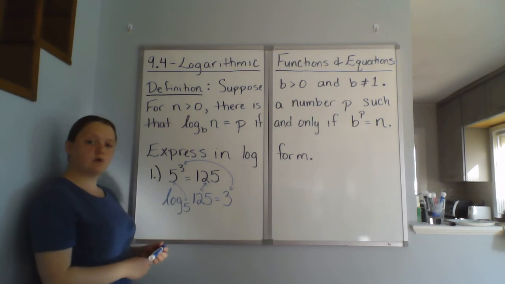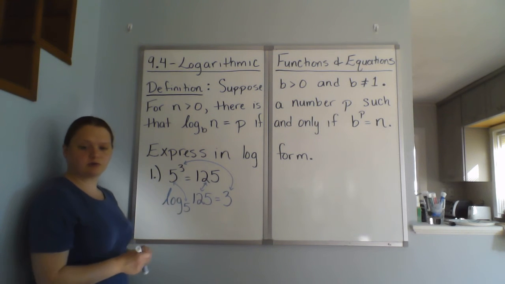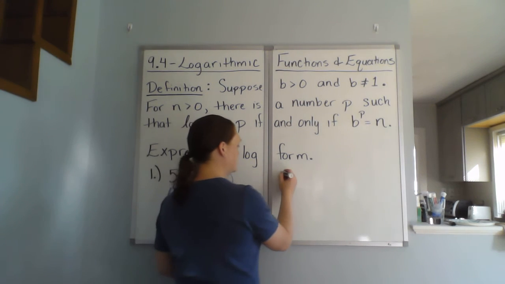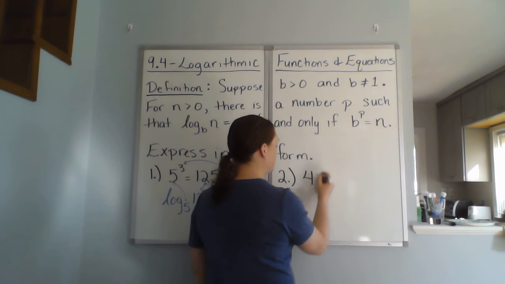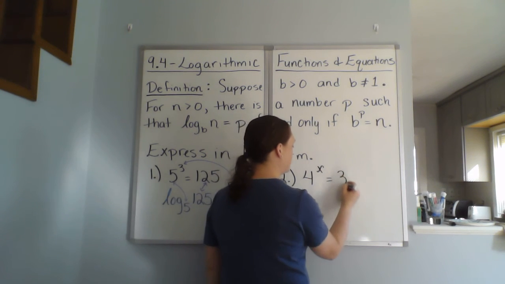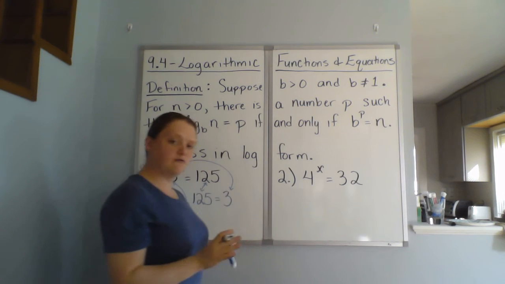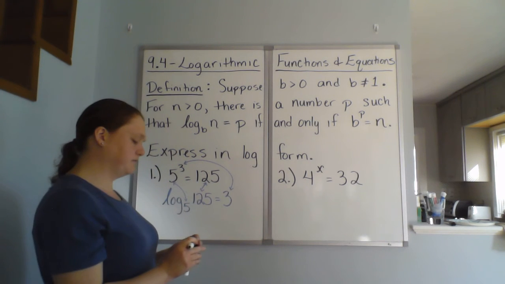I'm going to put up 2 more that I want you guys to try, and then I'll walk you through them. For problem number 2, rewrite this in log form: 4 to the x power is equal to 32. Don't solve for x, just rewrite it in log form.